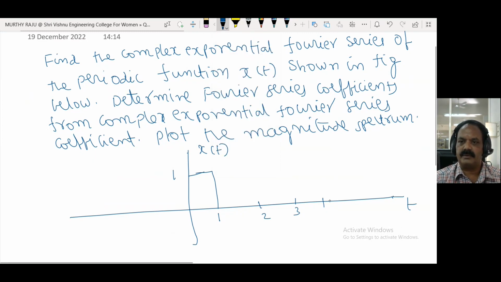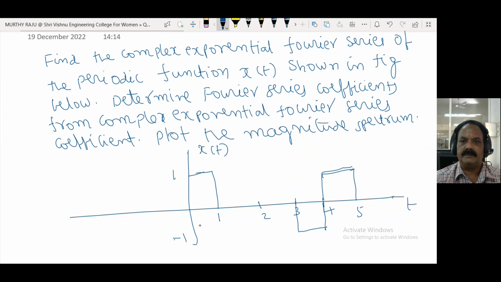From 3 to 4, the function value is -1. From 4 to 5, the function value is 1.